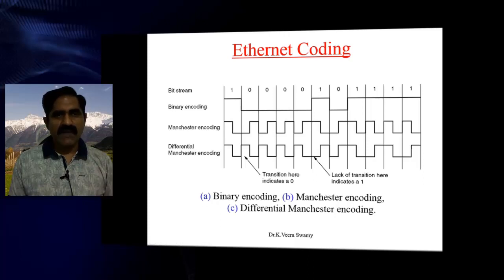Now, what is Manchester encoding? Here the 1 bit is coded with a high-low pair. If you see, this is a high, this is a low pair representing 1, whereas a low and high pair represents 0. Next, another 0 is also represented the same way, that is low-high, low-high.